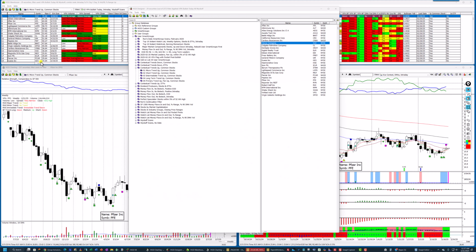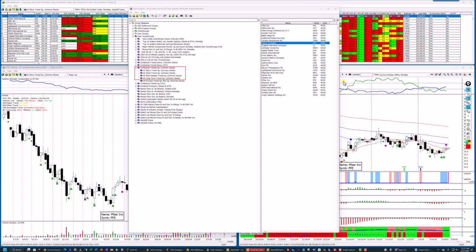I'm in my designer and my user smart groups, and I'm going to be working with these right here, contextual trends up common stocks. I don't think I'll have time to get into the contextual trends down common stocks, but you'll get the idea seeing what I'm doing right here.